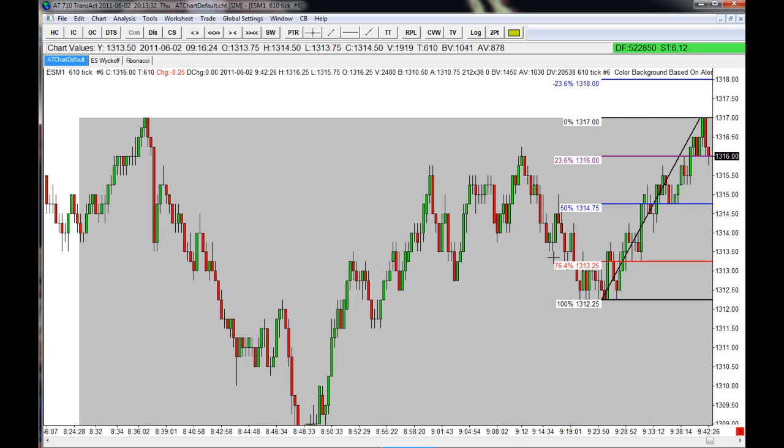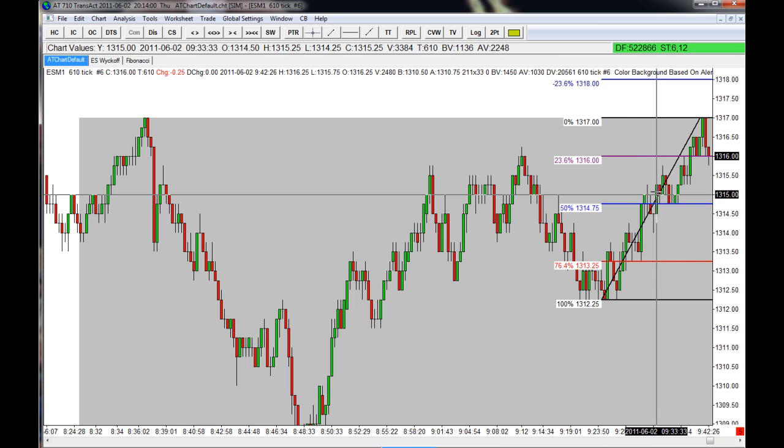As you can see here, the distance between the 50% level and 76.4% level is 1.5 points, 6 ticks, and from the 50% level to the 23.6% level is 5 ticks. So if I were to enter and front run this level by a tick, then I would have a target of 4 ticks and a stop loss of 7 ticks.